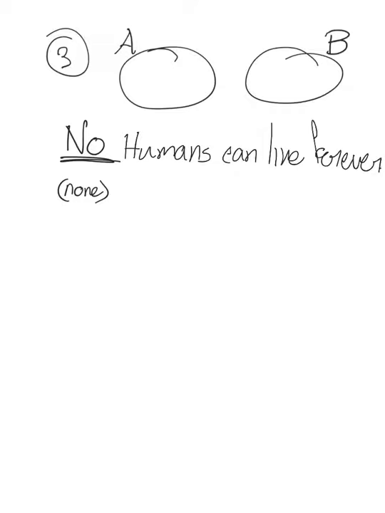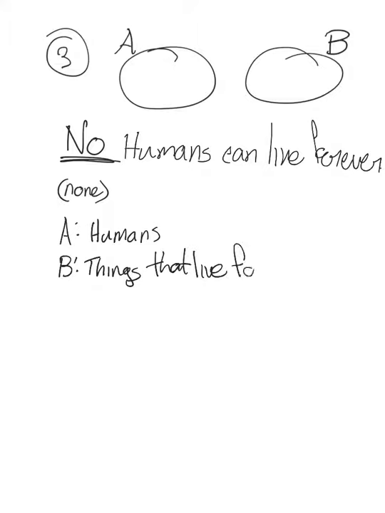So, what do you think our A is? And what do you think our B is? Pause the video and try to figure it out. But I'm going to define A as humans and B as things that live forever.